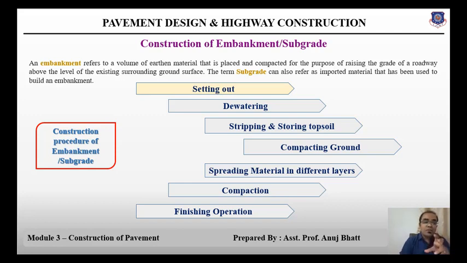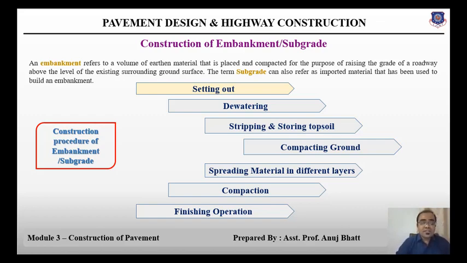After the completion of site clearance, first of all, at initial level, wherever you are going to construct, you have to first of all clear that particular site if it contains any obstructions like any unnecessary tree or any unnecessary object in your particular survey area. So first of all you have to clear that path.